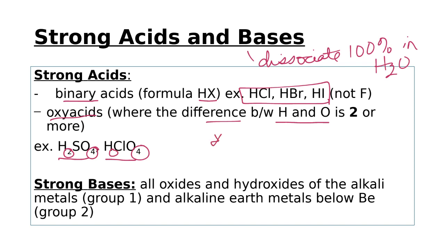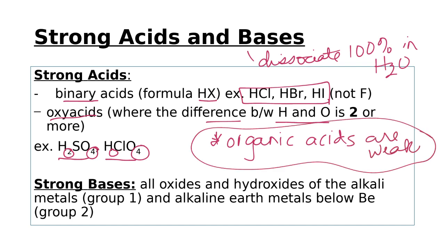The only thing is that any organic acid, because sometimes with organic acids, right, we have like carboxylic acids, we have a lot of hydrogens and some oxygens. All of them are weak, okay? So be aware of that, and you should be able to recognize organic acid formulas and know that they are weak.